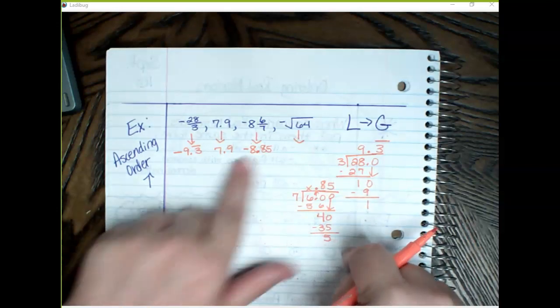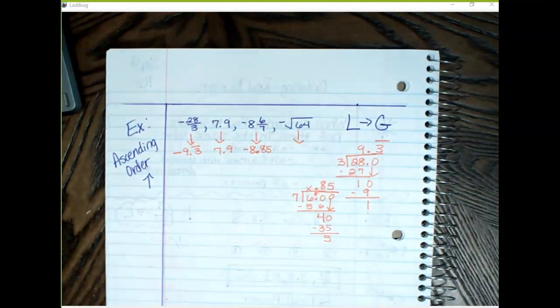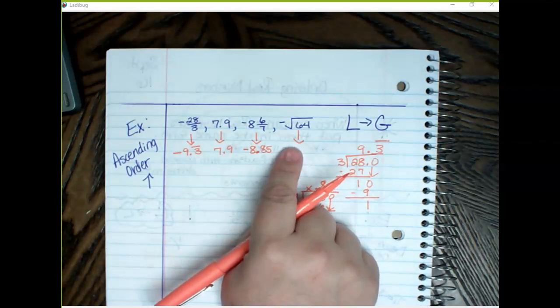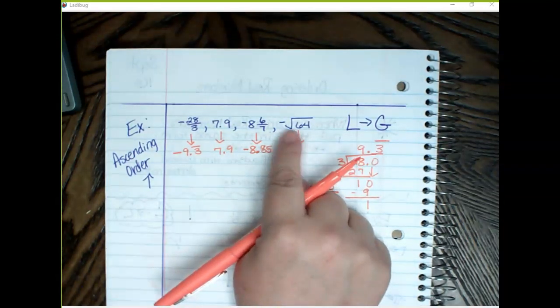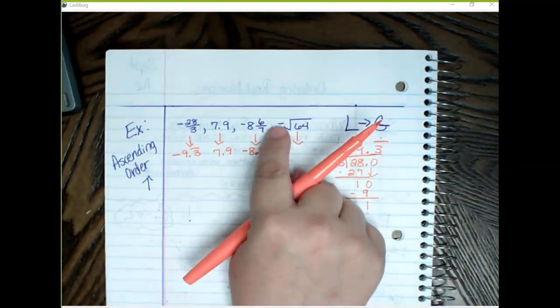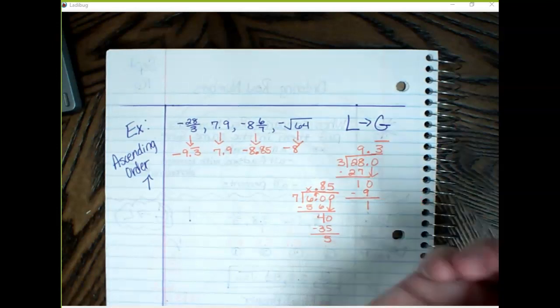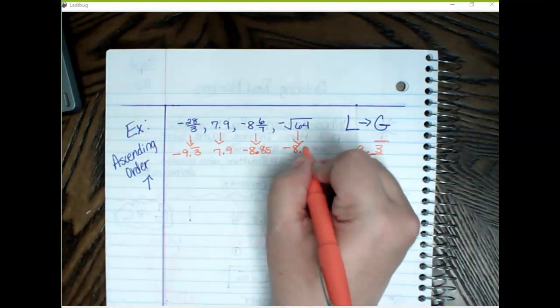No, because I didn't have any other 8.8 somethings. So that's a good stopping point. I'm okay with that. Now this one. If I know the square root of 64 is 8, but I have a negative out in front, that becomes negative 8. Or if you want to put a decimal, 8.0.